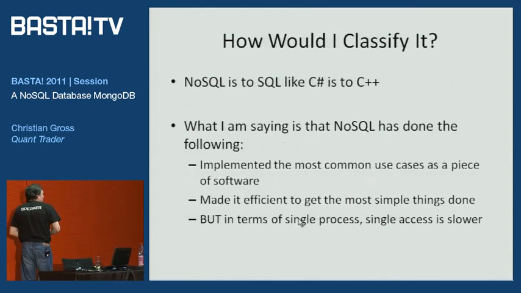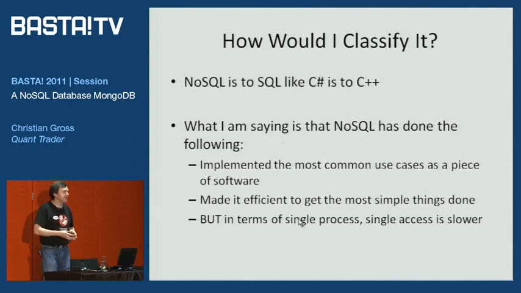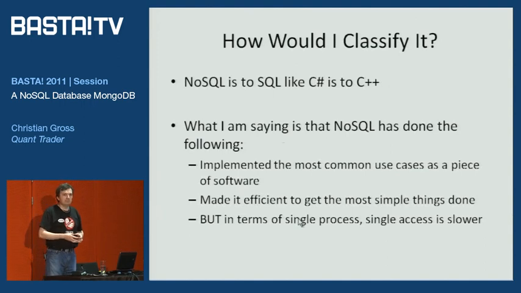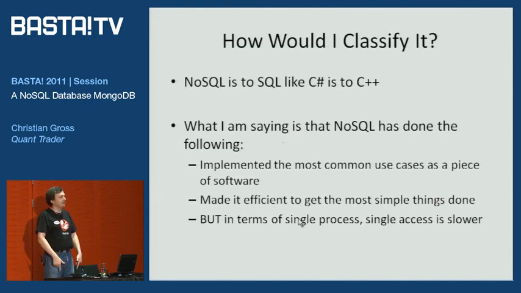The way that I like to classify NoSQL is that NoSQL is to SQL like C# is to C++. I hope there are no C++ programmers here, because I used to be one. You can't bring me back to C++. I'd rather shoot myself three times in the foot before I write C++ code again.